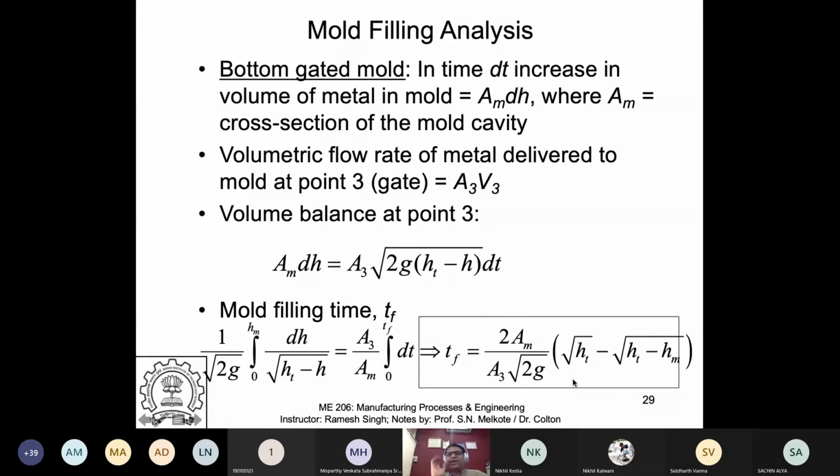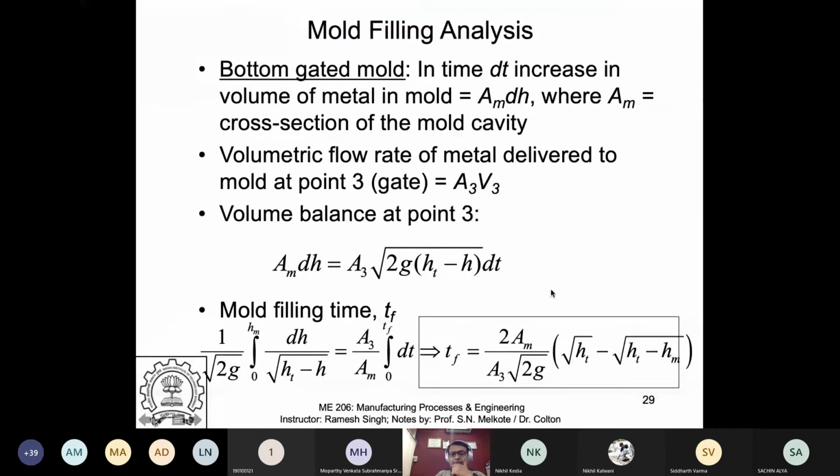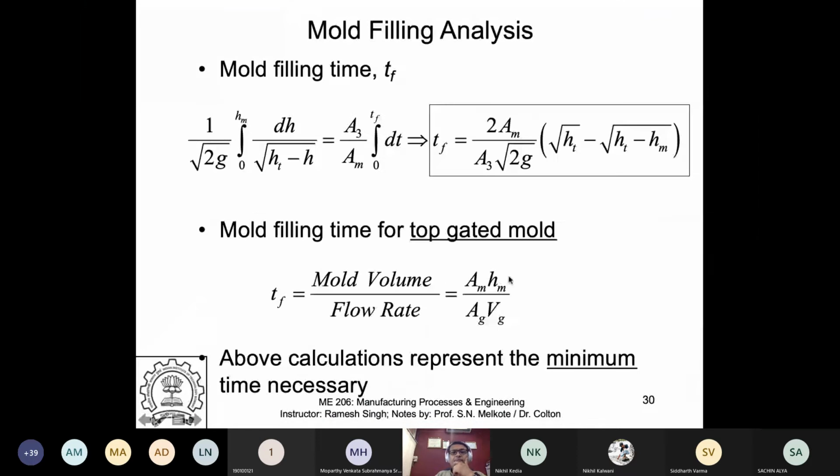Okay, now let me get to your questions. So this is the filling time for a bottom gated mold. If it's a top gated mold, there is no question, right?